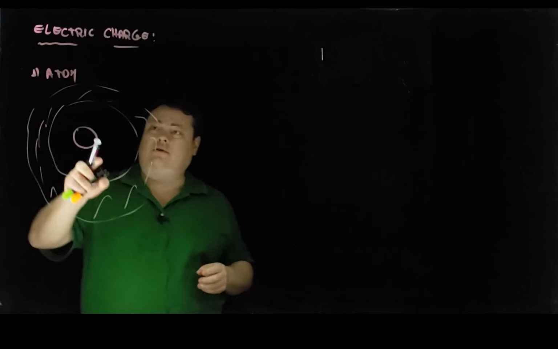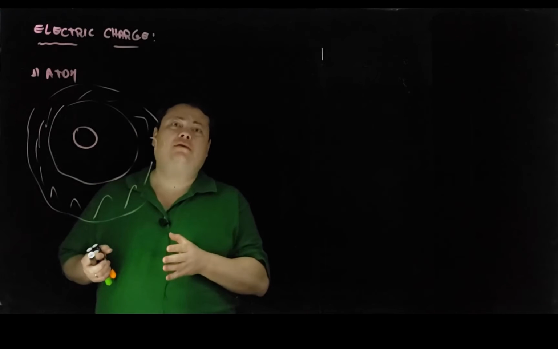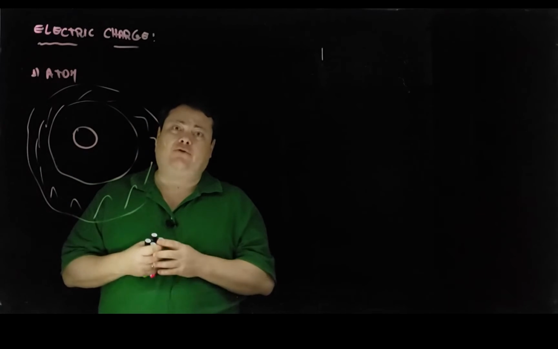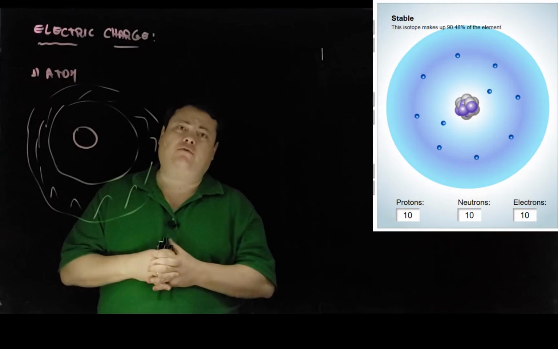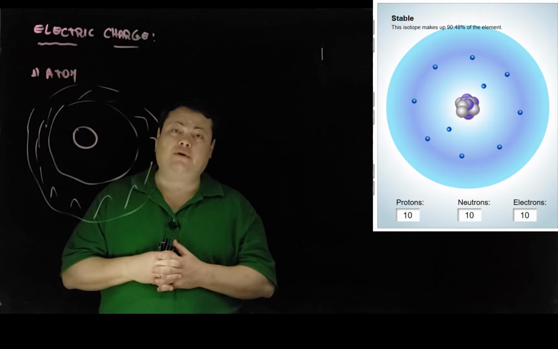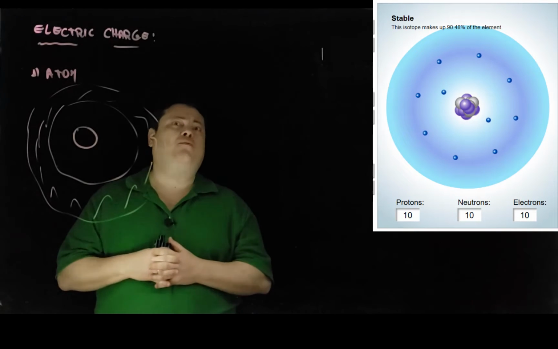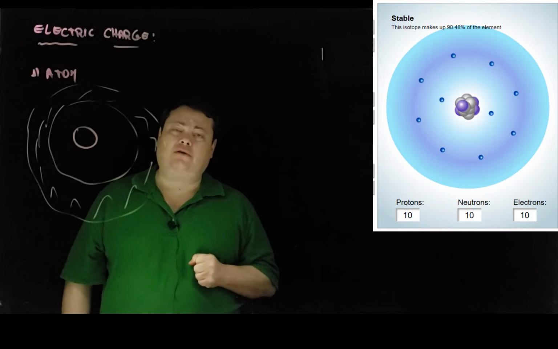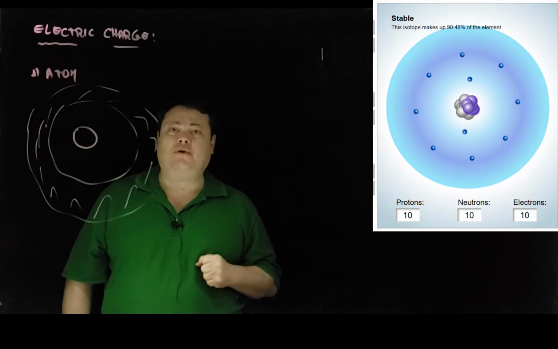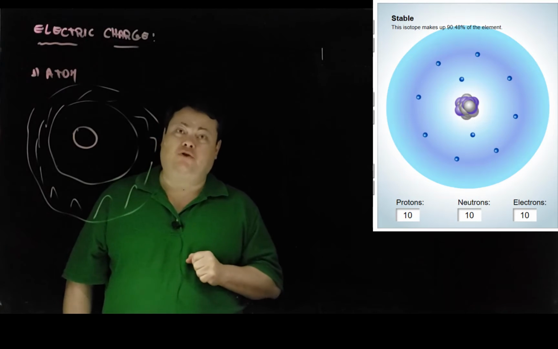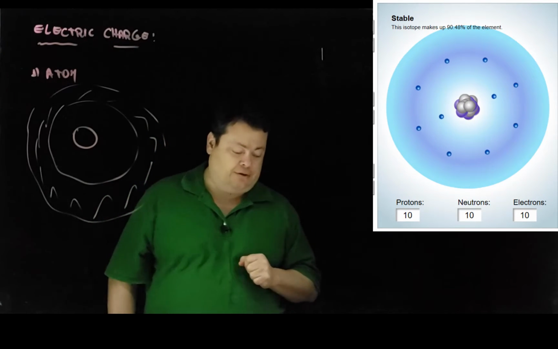In the center, we have protons and neutrons, and in the cloud all around, we're going to have just electrons. As this first simulation from the Gizmo from Explore Learning can show us, I think, if my memory does not fail me, this is a neon atom. So you can see the protons and neutrons in the center and the electrons orbiting around in a model that resembles planetary motion.